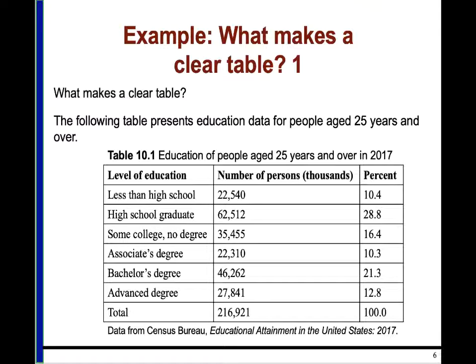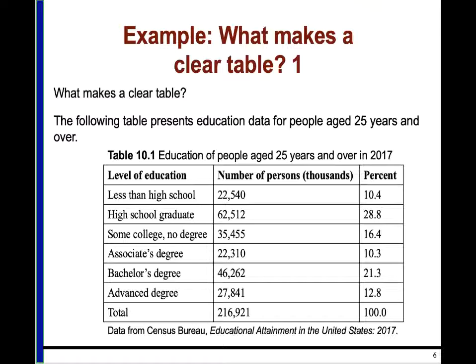So we can just count by thousands, and if your numbers are even bigger, you can count by millions if that makes the data a little bit easier to observe. But what's important here is we look at the percent, and that clearly helps us make a distinction between the different groups. We clearly see that 10.4% of people aged 25 and over have less than a high school education. 28.8%, their highest degree earned was a high school diploma.